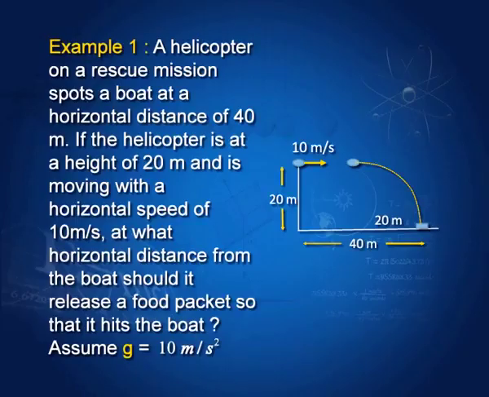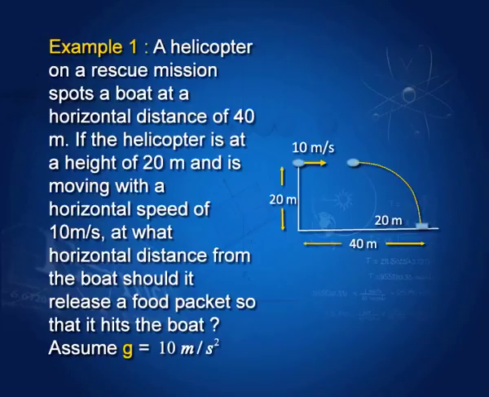So, a helicopter on a rescue mission spots a boat at a horizontal distance of 40 meters. The helicopter finds that there is a boat at a distance of 40 meters from it. If the helicopter is at a height of 20 meters and is moving with a horizontal speed of 10 meters per second, at what horizontal distance from the boat should it release the food packet so that it hits the boat?